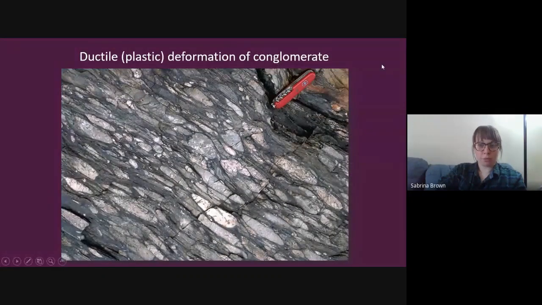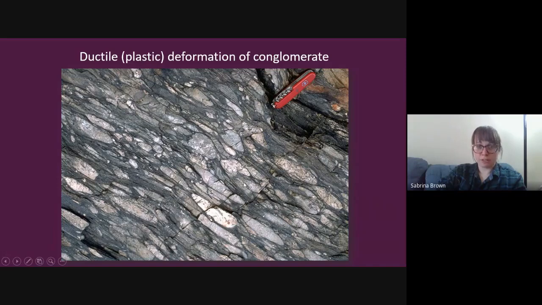Remember, a conglomerate is a sedimentary rock made up of rounded pebbles. Originally, these were all round, spherical pebbles that were cemented together, and then it has undergone some type of deformation because of some stress, and it behaved ductily or plastically.